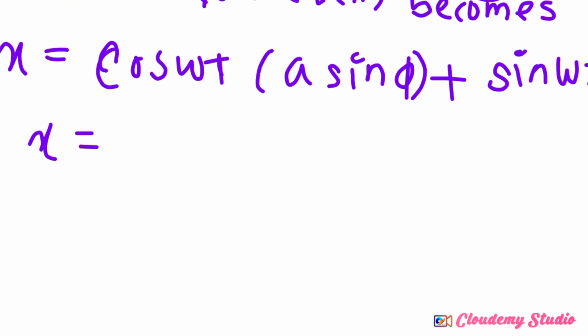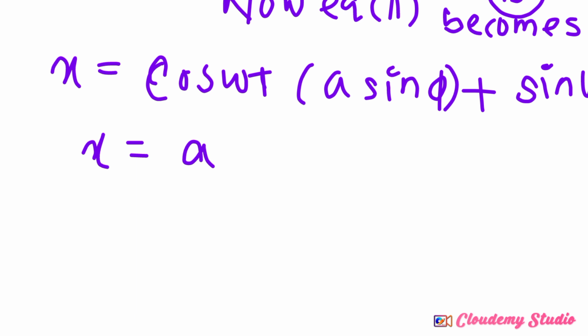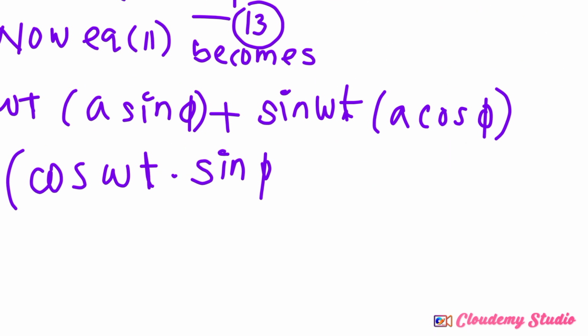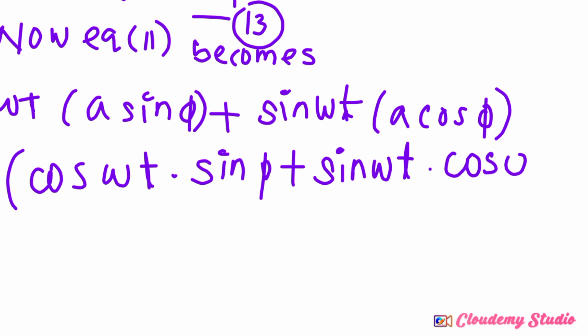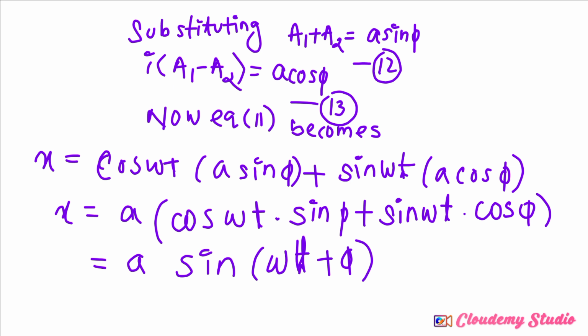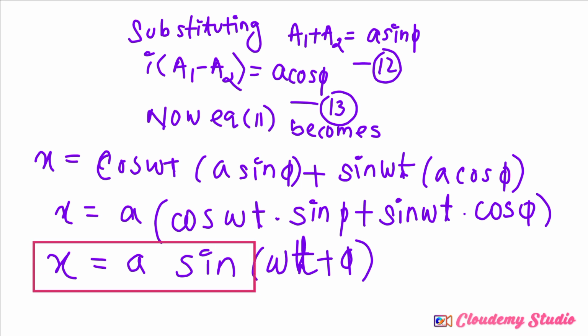Taking a common here, x is equal to a (cos omega t sin phi plus sin omega t cos phi). Now this is a formula of what? Sin(a plus b), so x is equal to a sin(omega t plus phi). This is the actual solution.